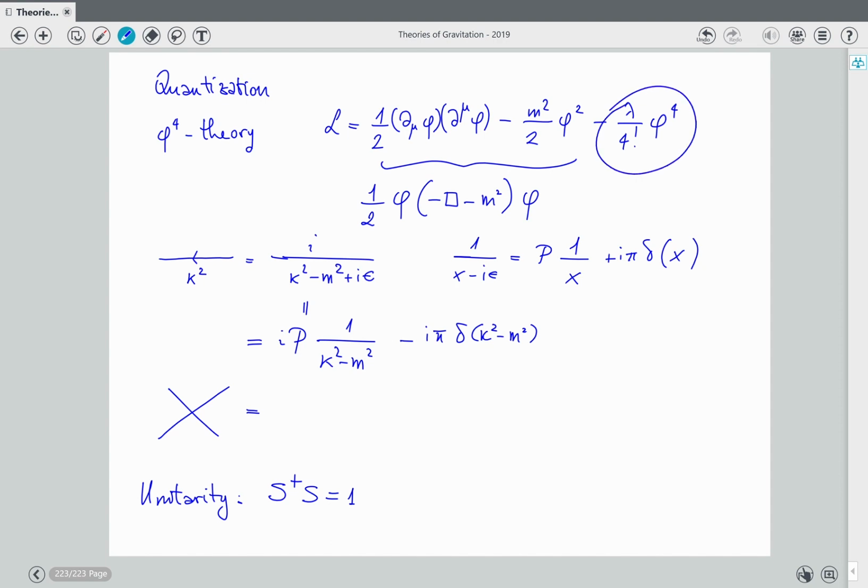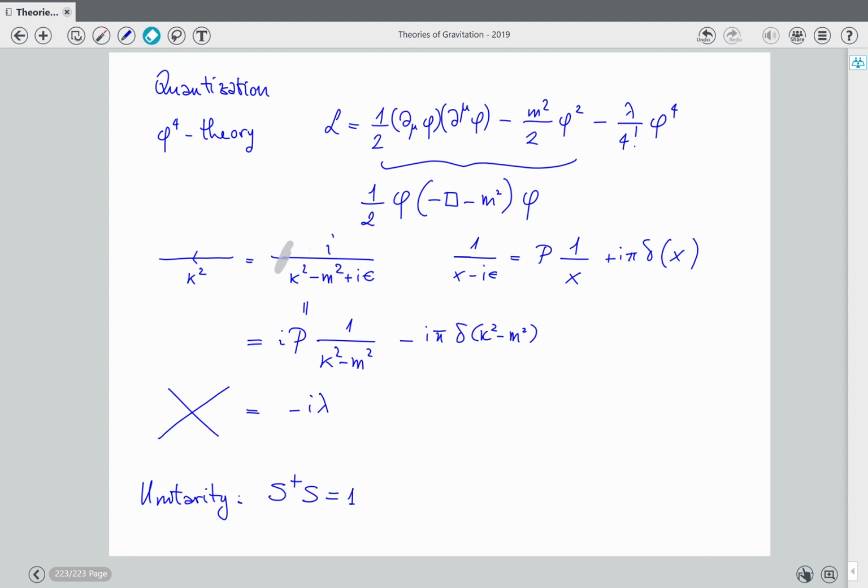This interaction is phi to the fourth, so it's graphically described by a vertex with 4 legs. And it is equal to a certain constant that's always an i, because you need some minus signs around, which arise by multiplying pairs of i's. And some combinatorics that we will not mention in detail.